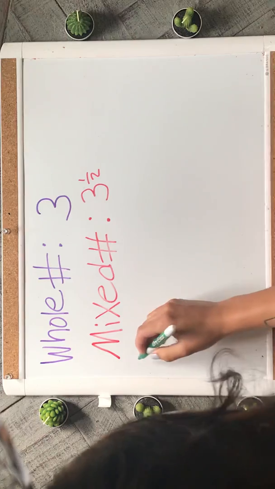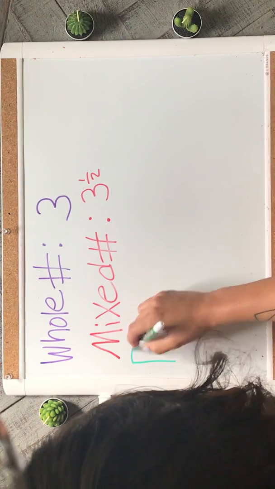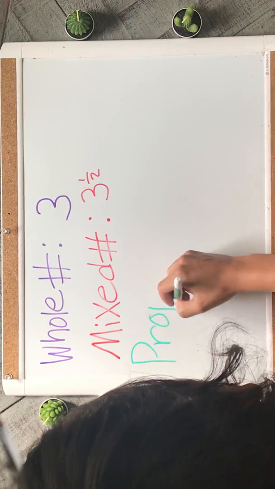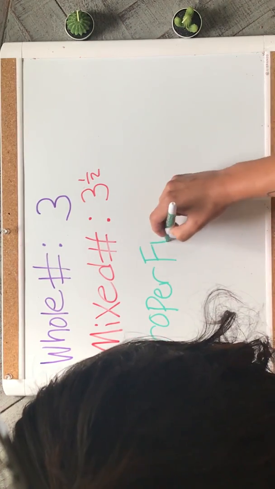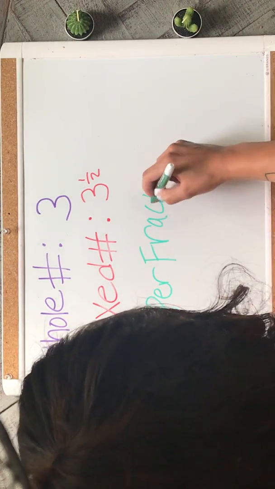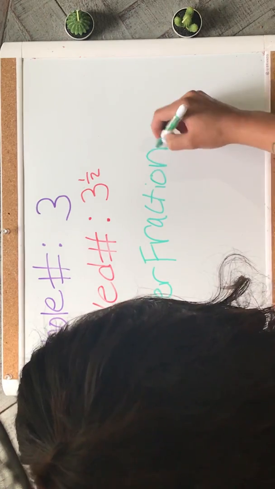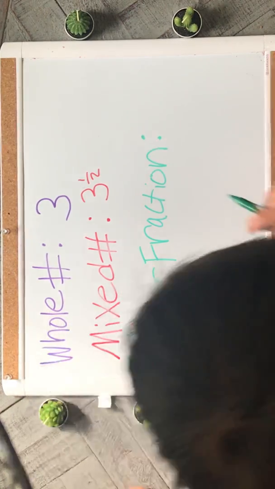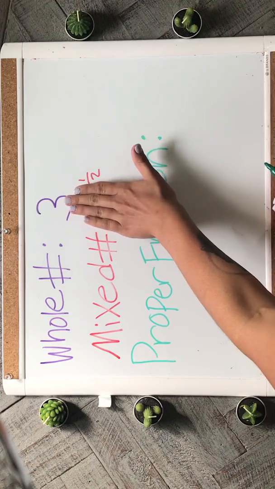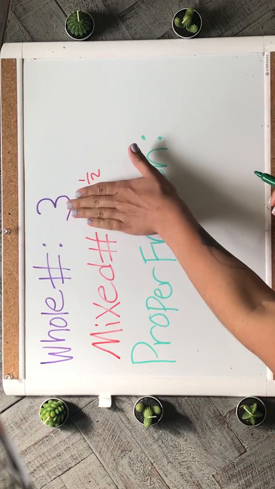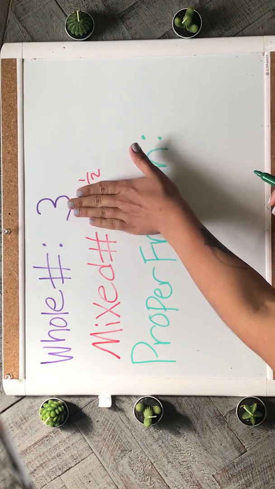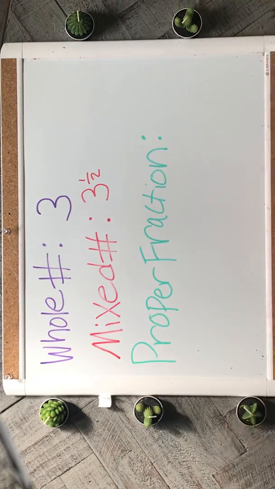Now let's go over proper fraction, okay? Now a proper fraction is if we were to cover this whole number from this mixed number and just take that fraction piece. I like to call them fractorial parts. I'm not sure if that's PC, but that's what we'll use, fractorial part.